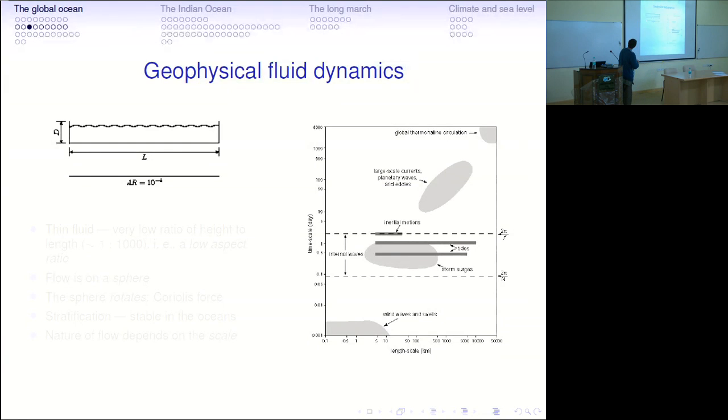You have an aspect ratio, depth to length, of 10 to the minus 4. If the length of the ocean was the length of this line, the depth of the ocean would be the thickness of that line.